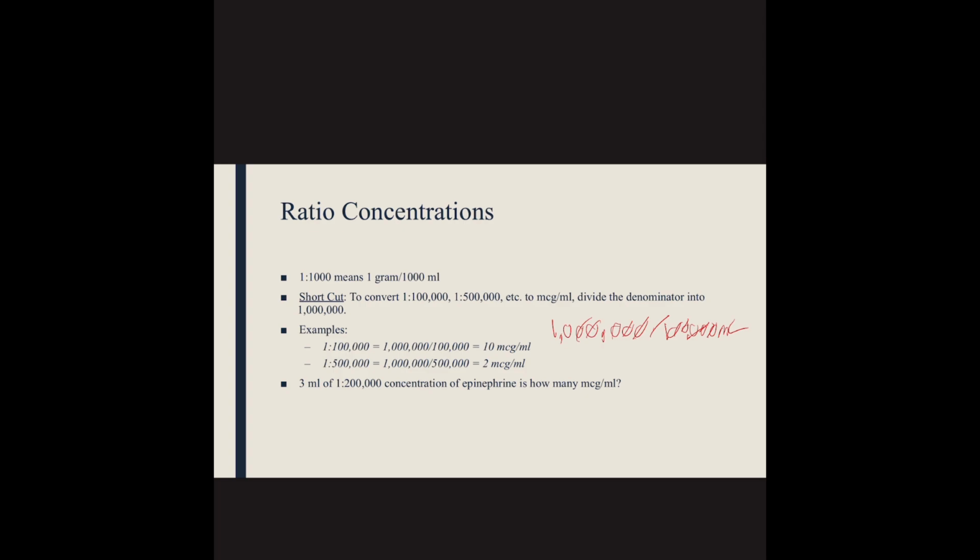We would multiply 1 times 5, we would get 5 micrograms per milliliter, and then that would lead us to believe that if we have 3 milliliters, then we have 15 mics.